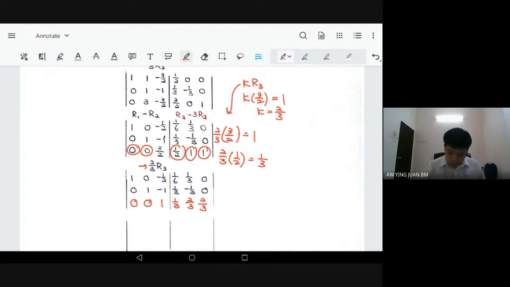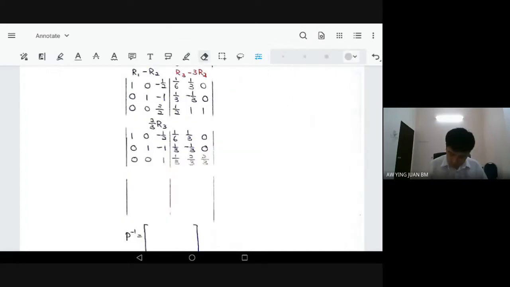Next, we are going to focus on this part. Make sure it becomes 0. But do remember, now we are located in the third column. We must refer to R3. So focus on this part. Name R1 plus K R3, because located in the third column, third column, R3.